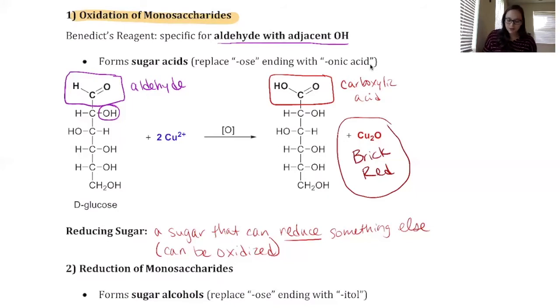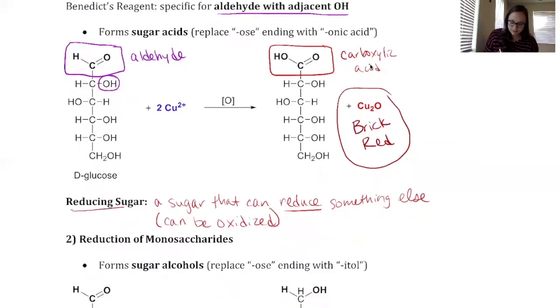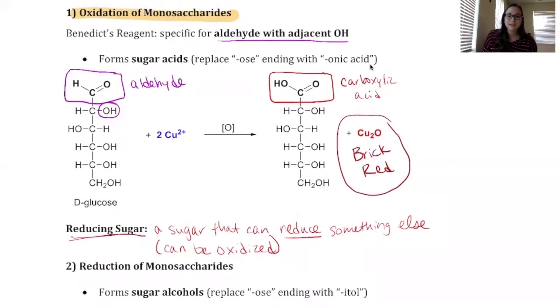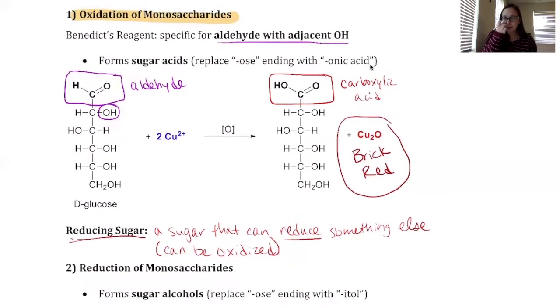What those are called are reducing sugars. A reducing sugar is a sugar that can reduce something else, meaning that it can be oxidized. For example, a ketose, where you have a ketone as your carbonyl, is not a reducing sugar because you cannot oxidize a ketone any further. It's kind of the opposite of what you expect.